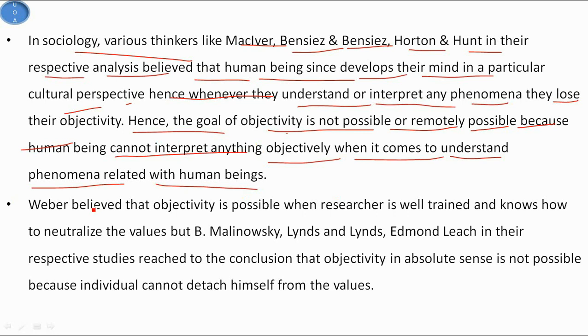In science we are understanding nature, or physical objects which do not have feelings, whereas in social science we are seeing human behavior. That is why social science will always be influenced by human behavior.